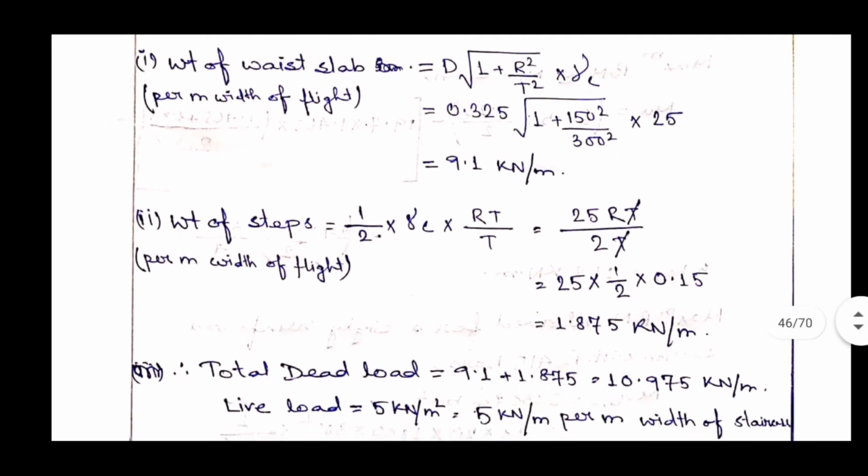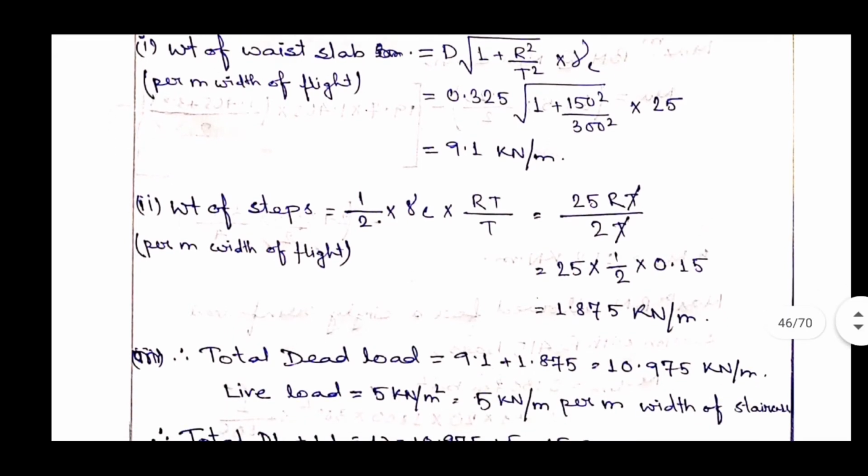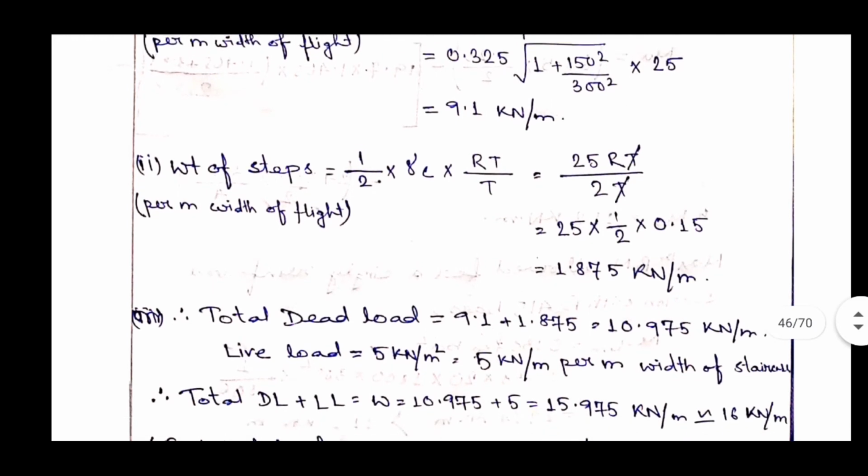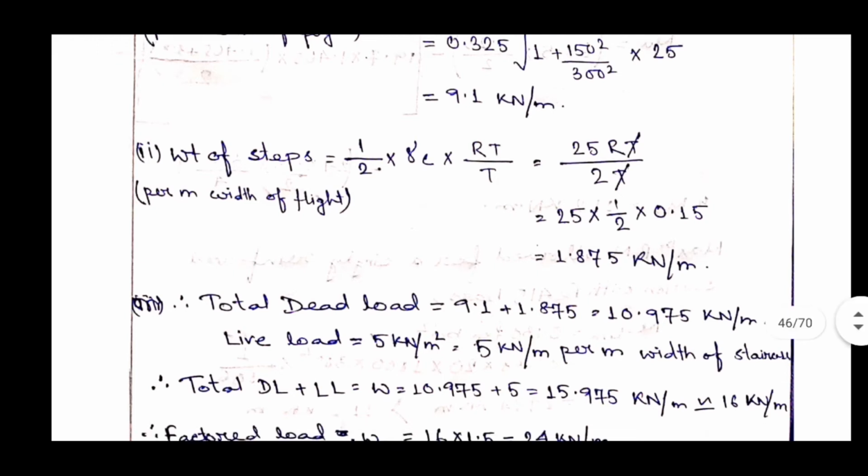So total dead load here is 9.1 plus 1.875, that is equal to 10.975 kilonewton per meter, and live load is given, that is 5 kilonewton per meter square, okay. So total load, that means dead load plus live load, is equal to 10.975 plus 5, that is equal to 15.975 kilonewton per meter. We may write 16 kilonewton per meter square.